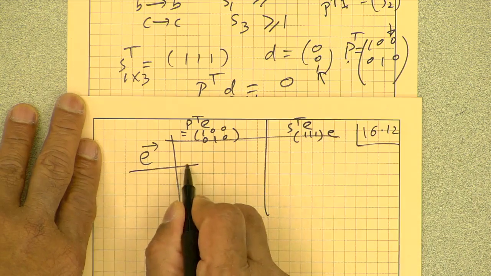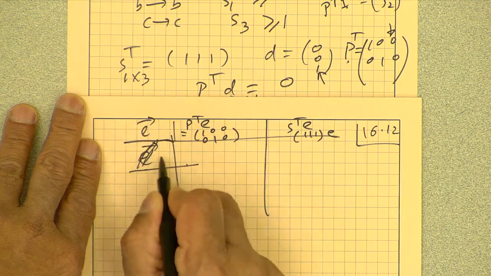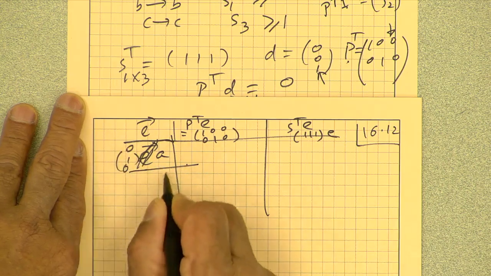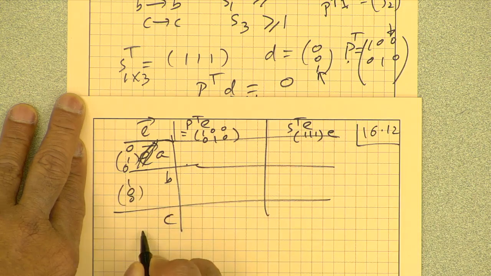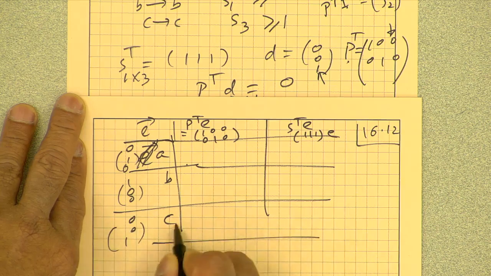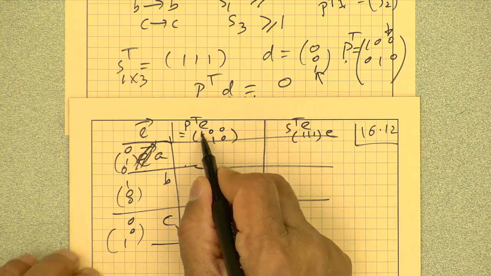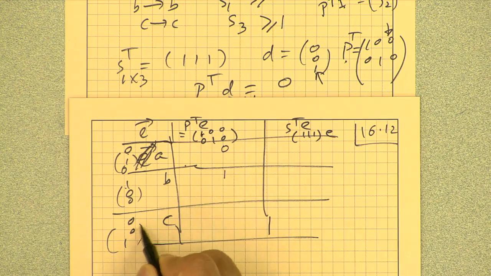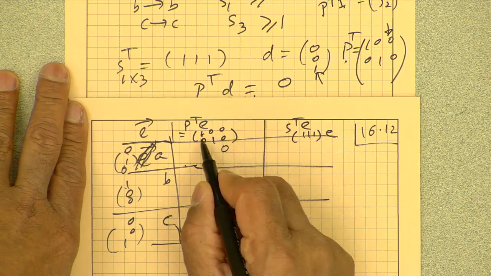So, if I take the fundamental edge for A, the fundamental edge for A is 0 1 0, for B is 1 0 0, for C is 0 0 1, and this says that for the first element take the first value, okay, so 1 times 0, 1 times 1, and 1 times 0.